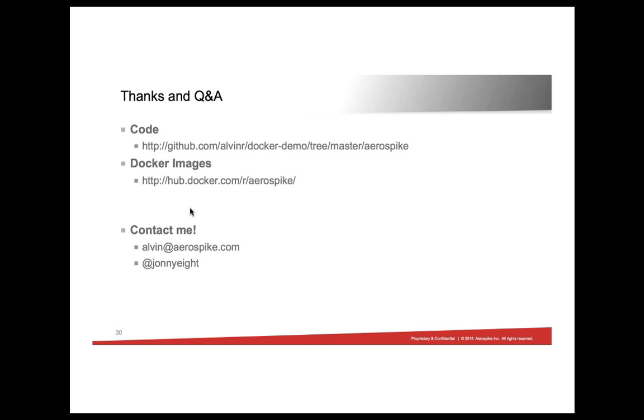The fact that you can do clear network differentiation. So you can have the Docker services for the database for Aerospike running on completely different networks from other services. Typically, you need this to provide some separation of concerns.